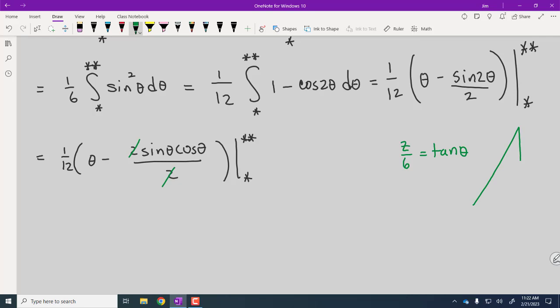So there is our triangle, quadrant 1, theta in the corner. And the triangle needs to satisfy this equation right here. Tangent is rise over run.